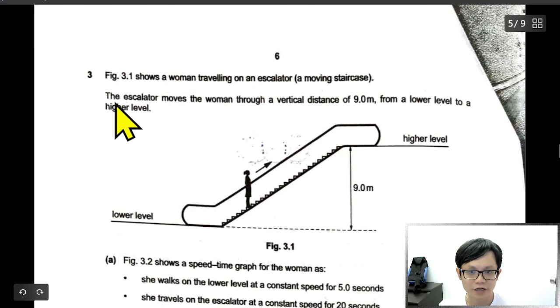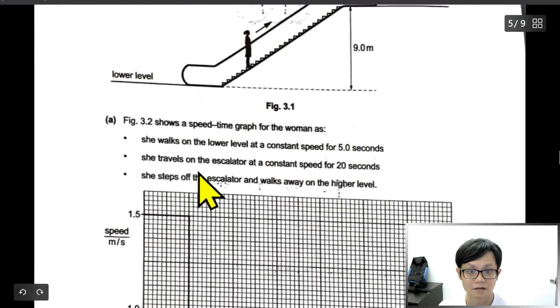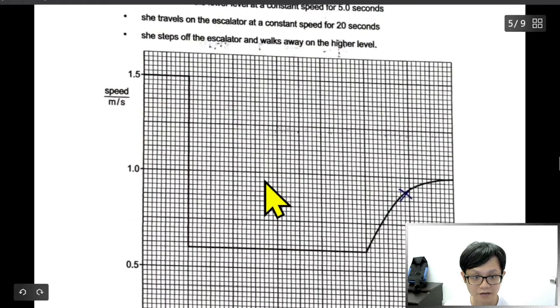Okay, number 3, the escalator. A woman goes through a vertical distance of 9 meters from the lower level to the higher level. She walked on the lower level at a constant speed for 5 seconds, traveled on the escalator for 20 seconds, then she stepped off the escalator and walked on the higher ground.